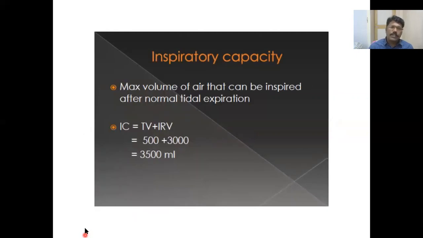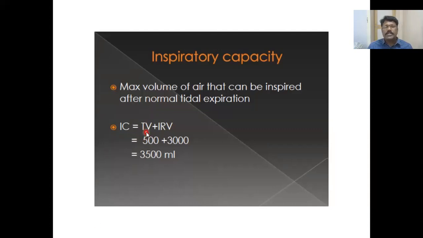Inspiratory capacity refers to the maximum volume of air that can be inspired after a normal tidal expiration. That means I have expired some amount of air, that is TV, and after that I can inspire with some forcible action, that is IRV, and still we can deduce this inspiratory capacity.